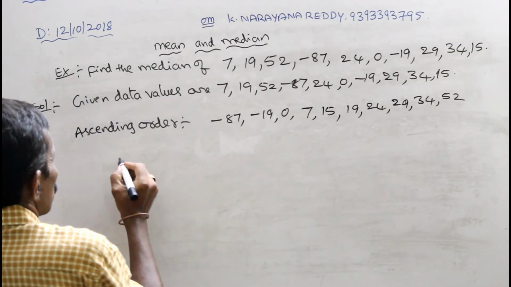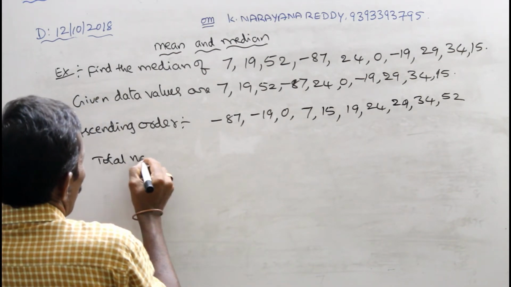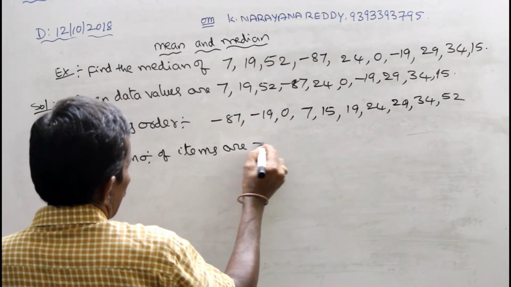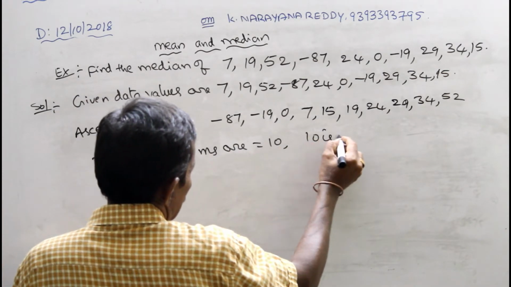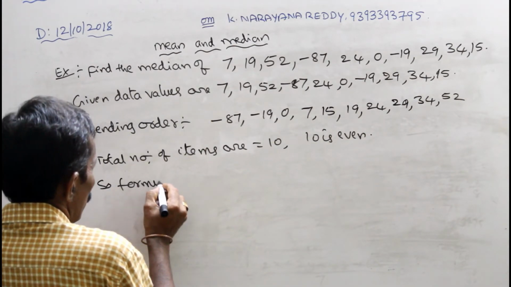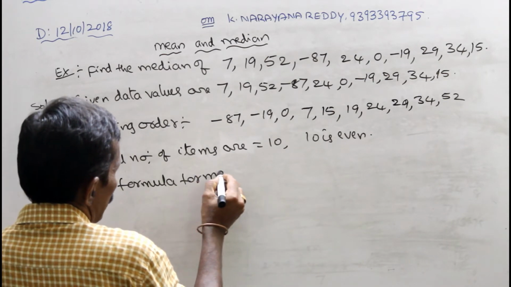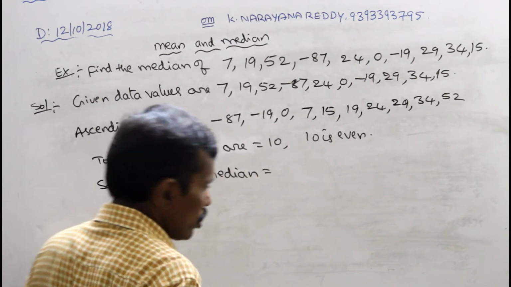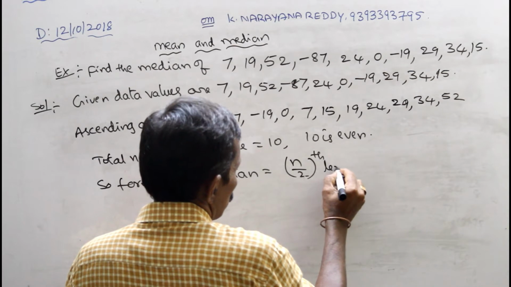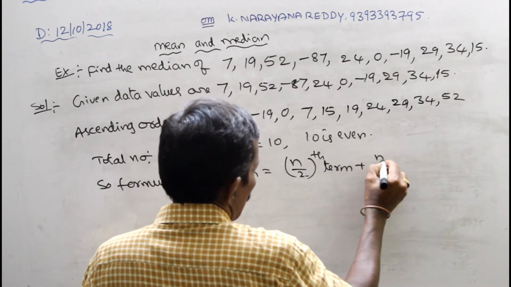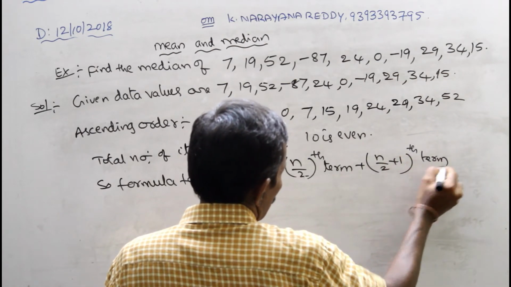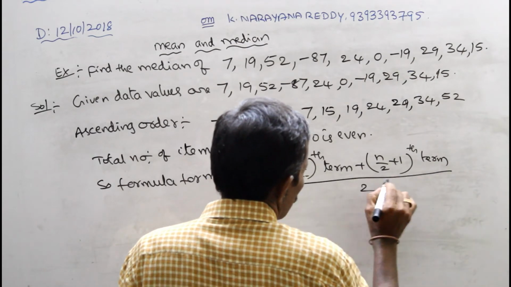Total number of items are 10. 10 is even. So, the formula for median equals the n by 2 term plus the n by 2 plus 1 term, divided by 2.